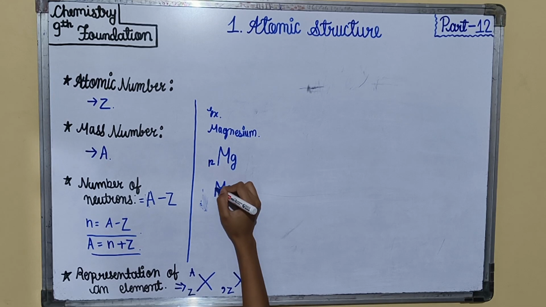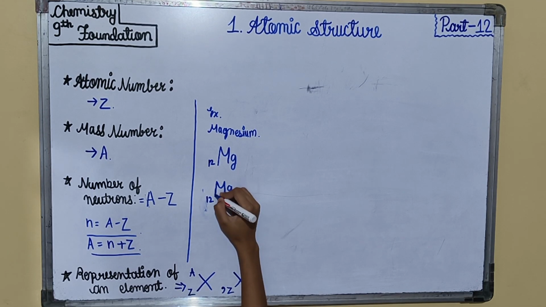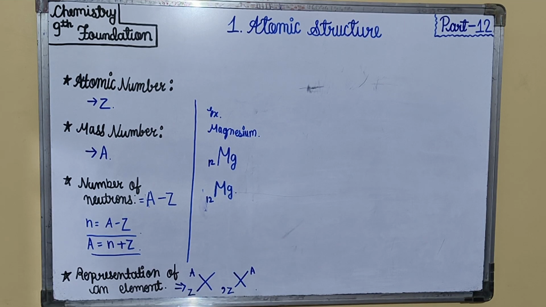This 12 will always come on the left lower side, so in both cases we'll write 12 at the left lower side. The difference is in the mass number. The mass number of magnesium is 24.